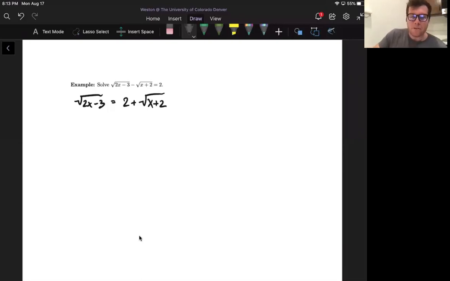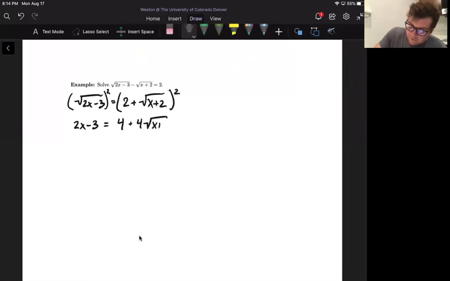And now what we're going to do is square both sides of the equation. So when we square the left-hand side, the radical just goes away and we're left with 2x minus 3, which is excellent. We've got rid of one radical. And then on the right-hand side, we FOIL it out and we get 4 plus, and then disaster strikes.